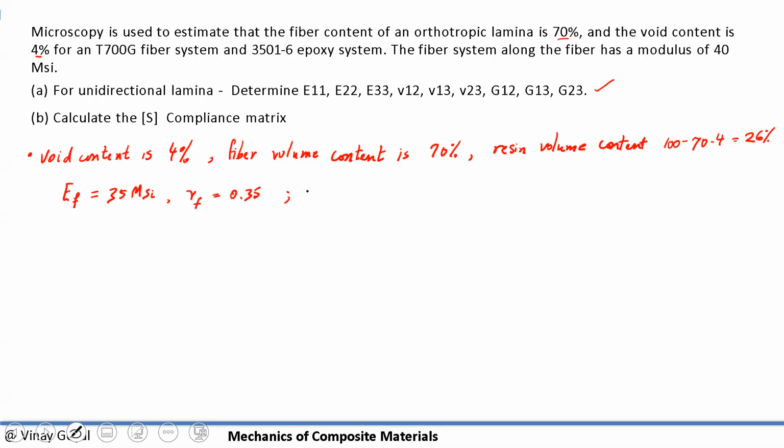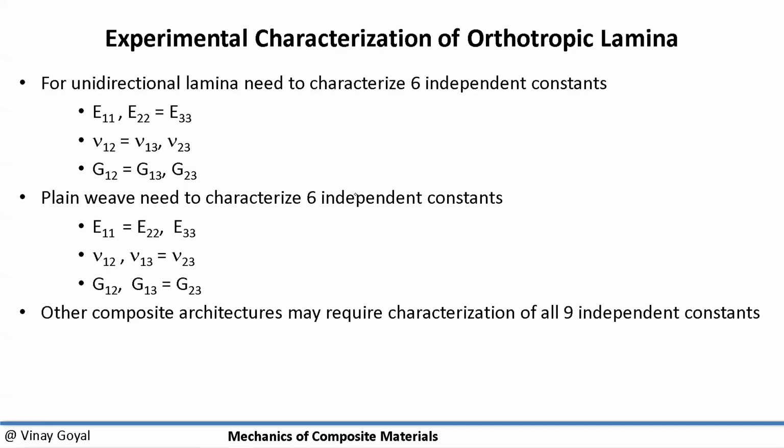And then we have to find the modulus of the matrix. And for that, we go to the Hexcel website, and then we look for the epoxy of interest, which is 3501-6. So I click here and I get the data spec sheet. Poisson ratio in the 0.36 right here, and then the tensile modulus 0.615.